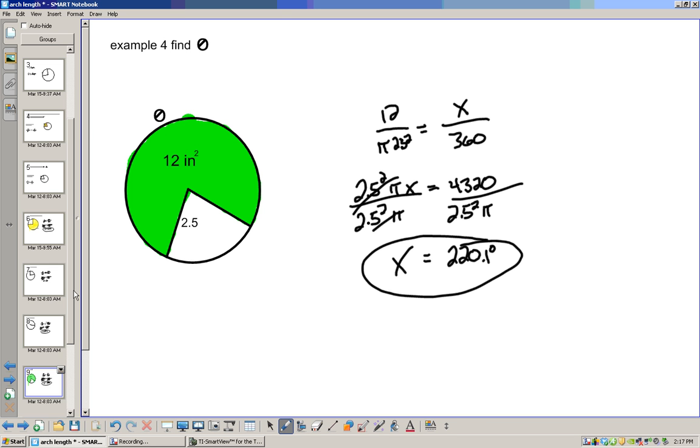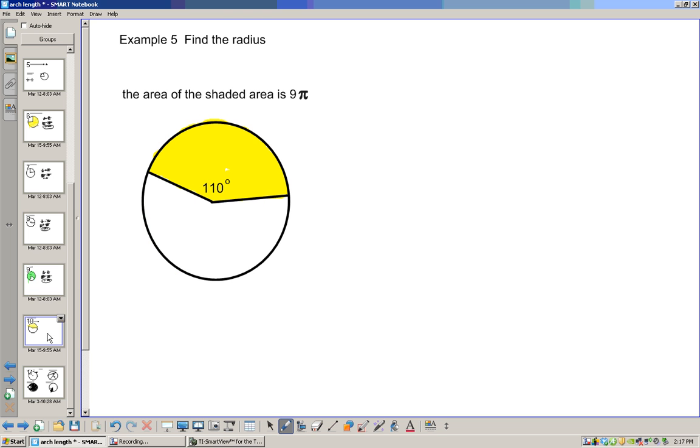All right, last example. It says find the radius. This time it says the area of the shaded area is 9 pi. Let's set up our ratios. 360 always goes on bottom. This arc length, it tells us, is 110.